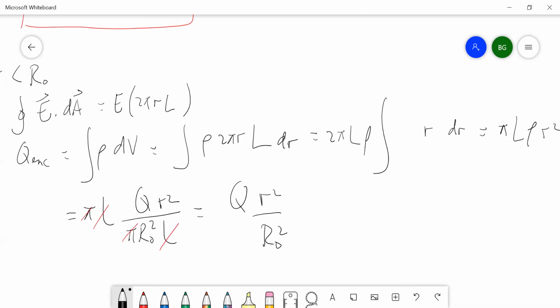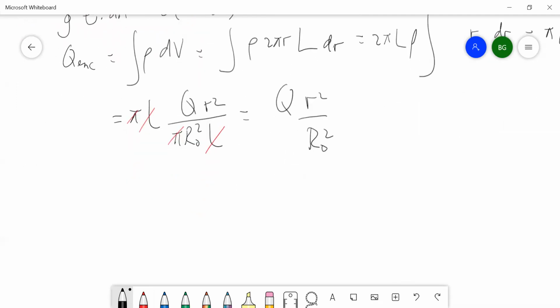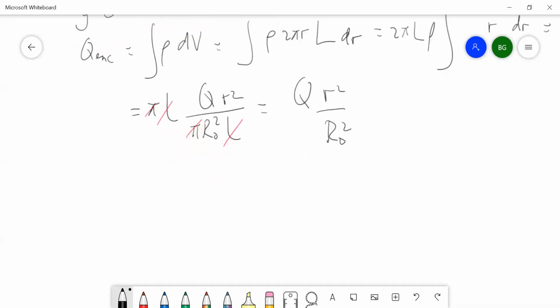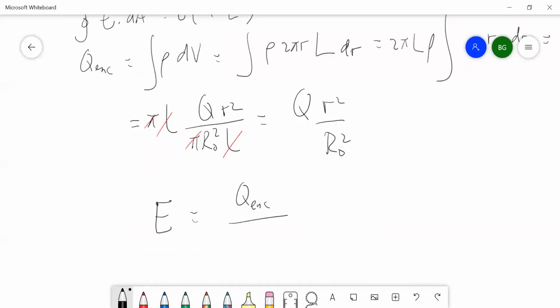So we put it into this one, going slowly, and we get that E is Q enclosed over 2 pi r L times epsilon 0.